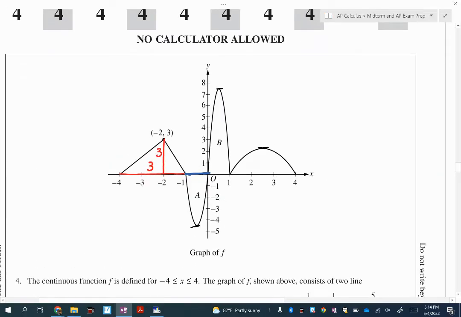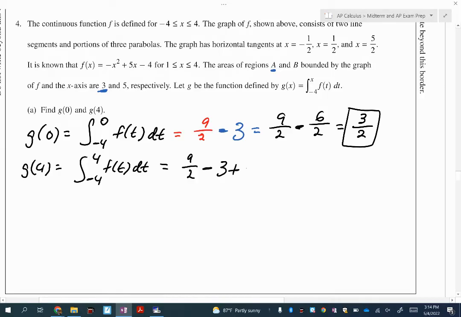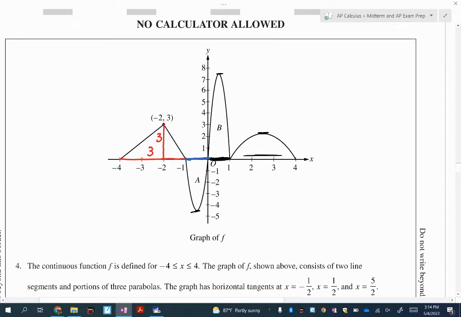What's the next piece? What's letter B? Is it 5, right? And see how the y values are above the x-axis? So I'm going to do plus 5. And then the last part is to find this area. Do you guys see that area? How are they describing that area?